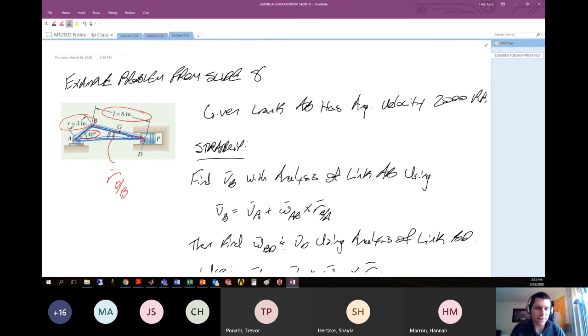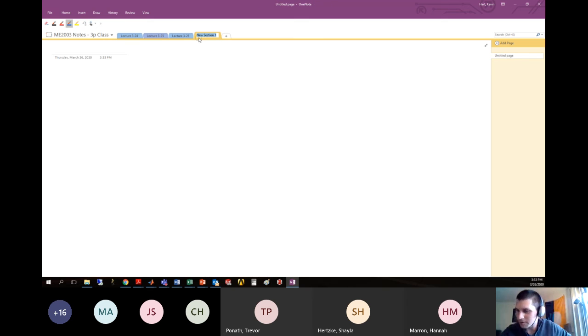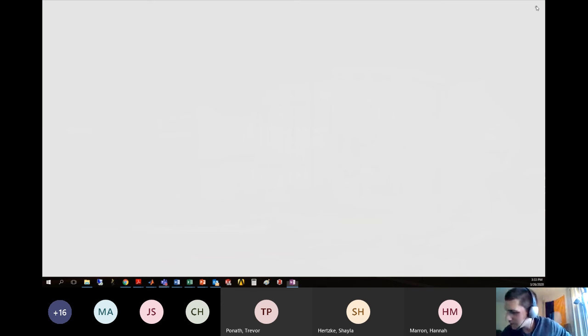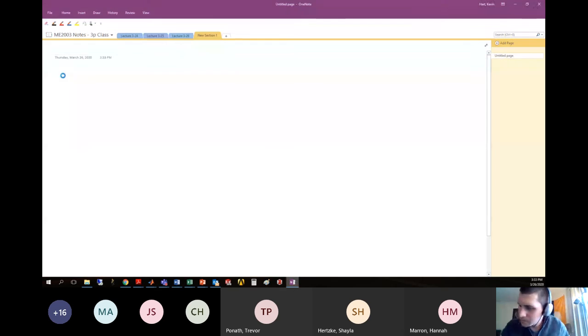If you remember back to trigonometry, which maybe you took in high school, you should have learned about the law of sines. To find angle beta, which we need to define the position of D relative to B, we need the law of sines.